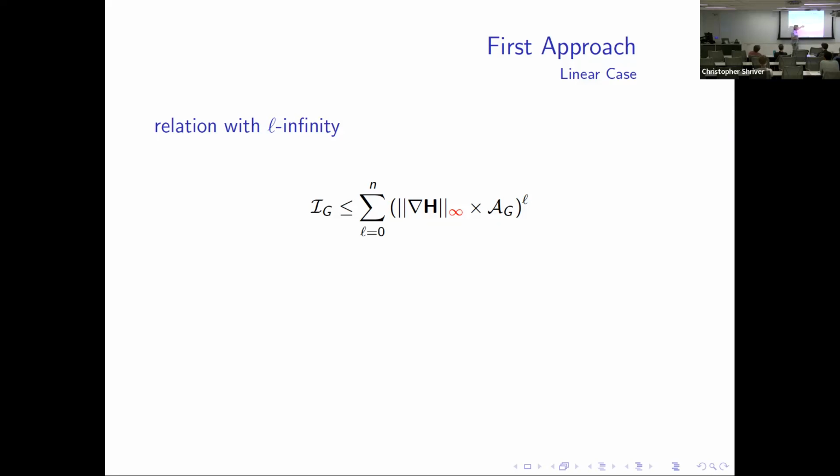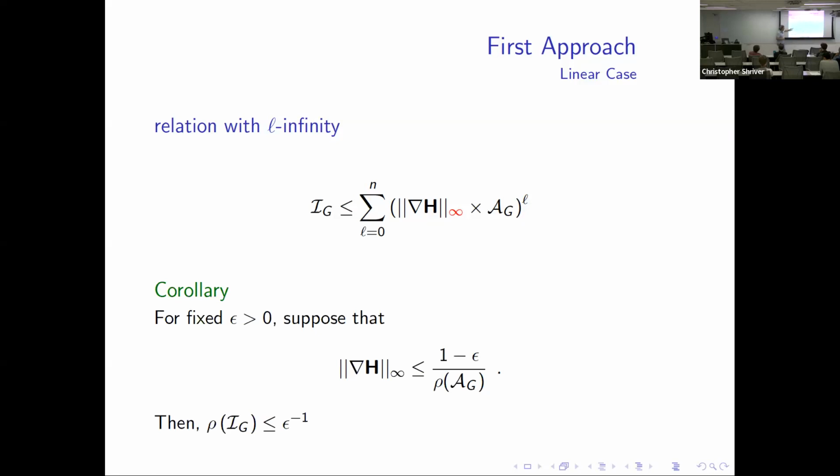And on this side here I have the sum over L from 0 up to N. I take the infinity norm of the gradient of H, multiply it with the adjacency matrix, and raise it to the power L. I'm not doing anything particularly clever here.